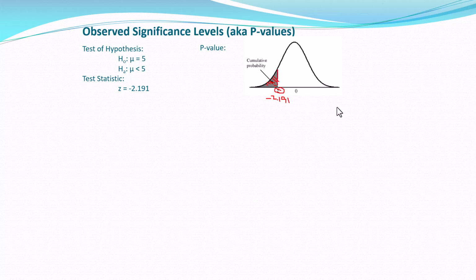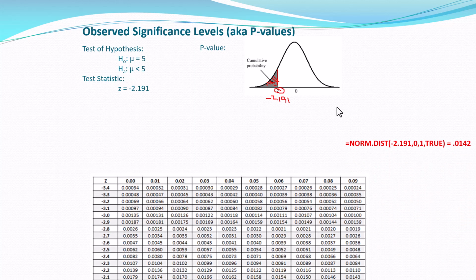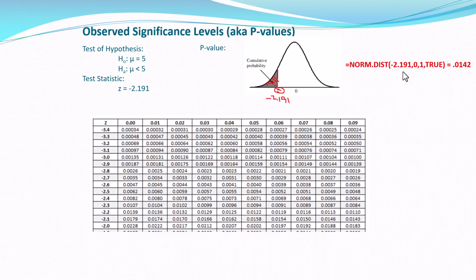We have a couple different ways to do that. I'm going to show you both of them here. We have the normal distribution function, and I put in a value of mu of 0 and a value of sigma of 1. And when I put in the test statistic negative 2.191 and put true, it gives me the cumulative probability of 0.0142. That's the probability below a negative 2.191.